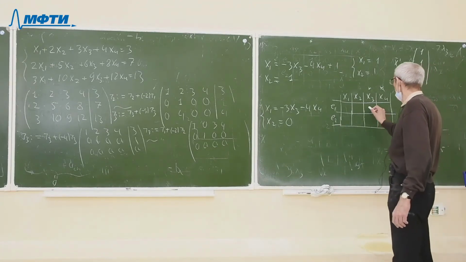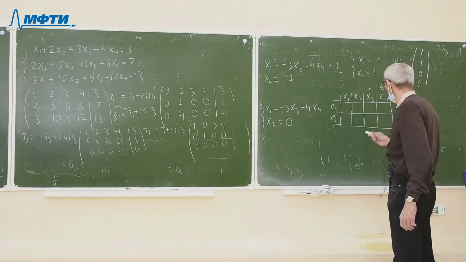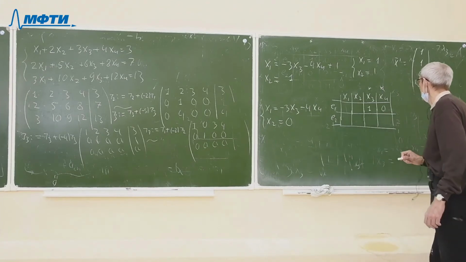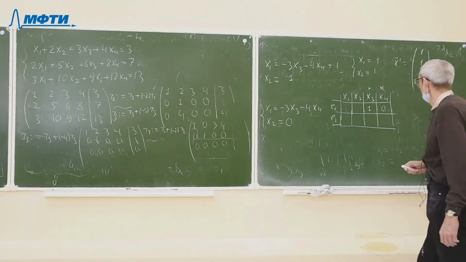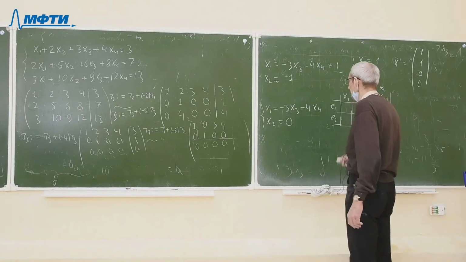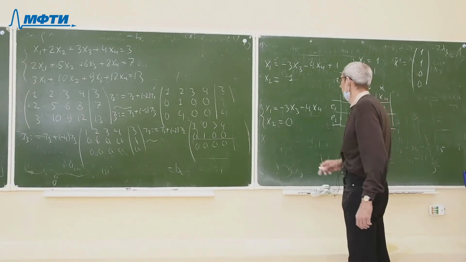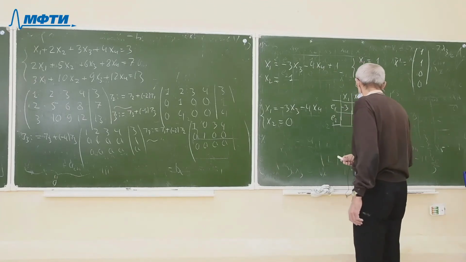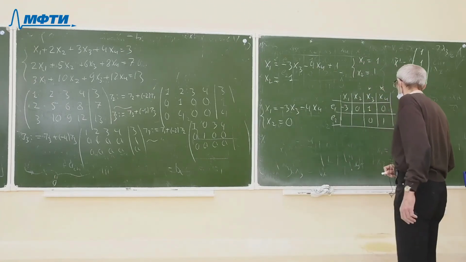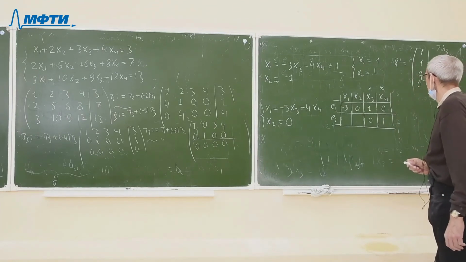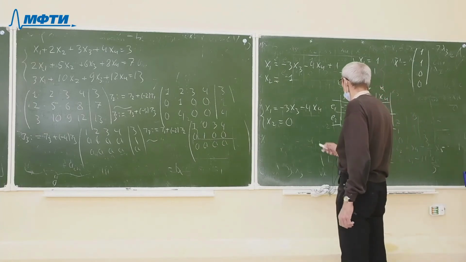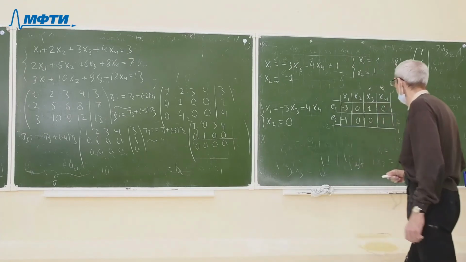Putting the first independent variable x3 equal 1, x4 equal 0, we get x2 equal 0, x1 equal minus 3. If we put x3 equal 0, x4 equal 1, we get x2 equal 0, x1 equal minus 4.